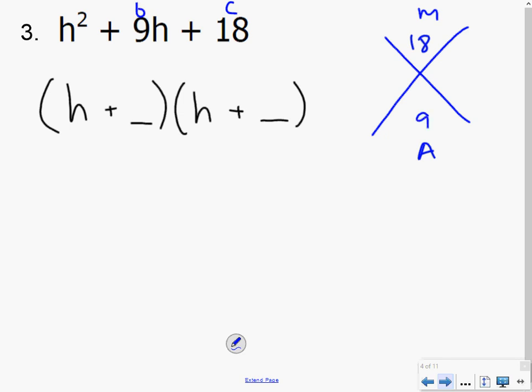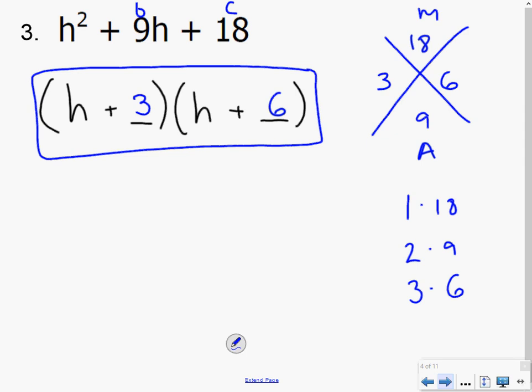Okay, so I'm going to list my combinations that multiply to 18. Okay, so those are all the ways that I can multiply to get 18. 3 and 6 are the only numbers that I can use to add to 9, though. So I get h plus 3 times h plus 6.